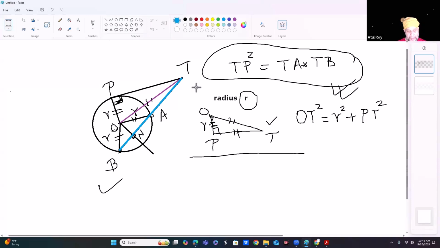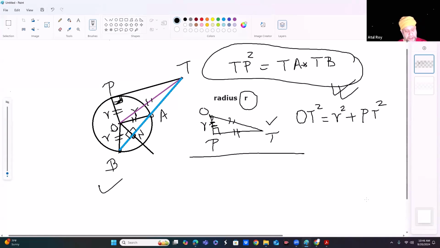Okay. And then what we will have is this. Let's see this here. I have this here, right? These are perpendicular lines, right? And here, these are congruent, right?